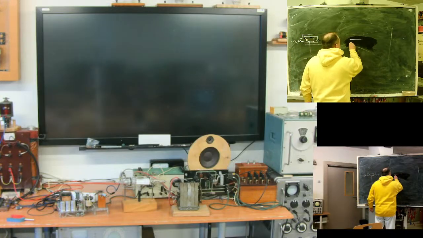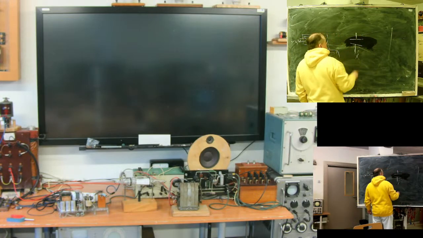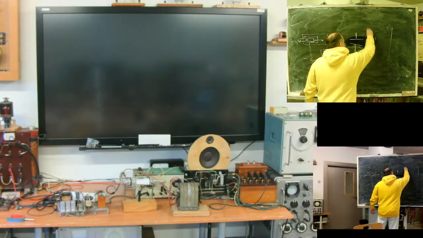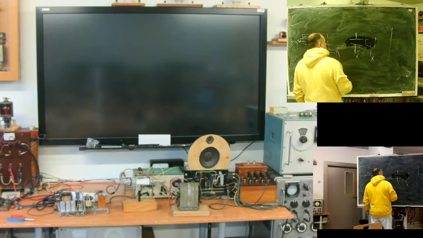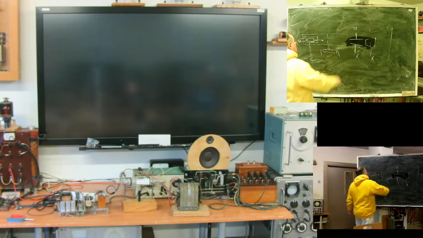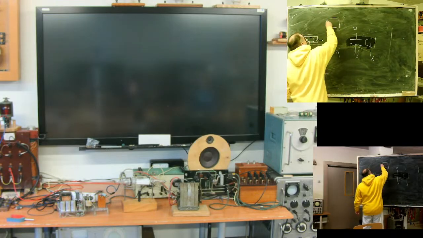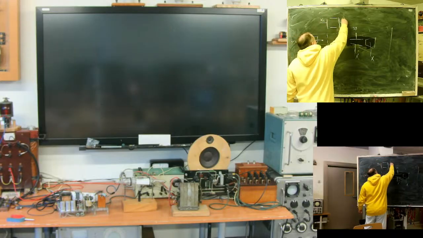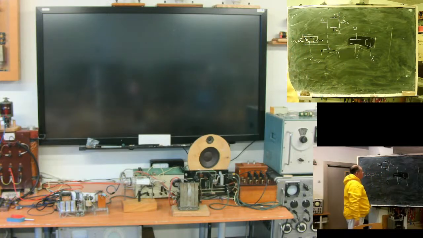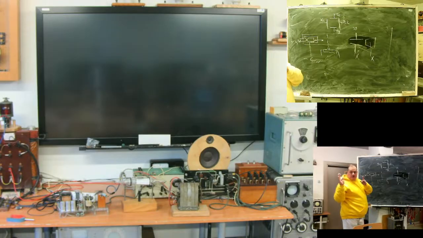If I like to draw like this, I need to draw one set, another set. This will be horizontal movement, this will be vertical movement. Plates are forming something like this: X1, X2, Y2, this one Y1. With two sets of plates, I can move the beam up, down, left, right.